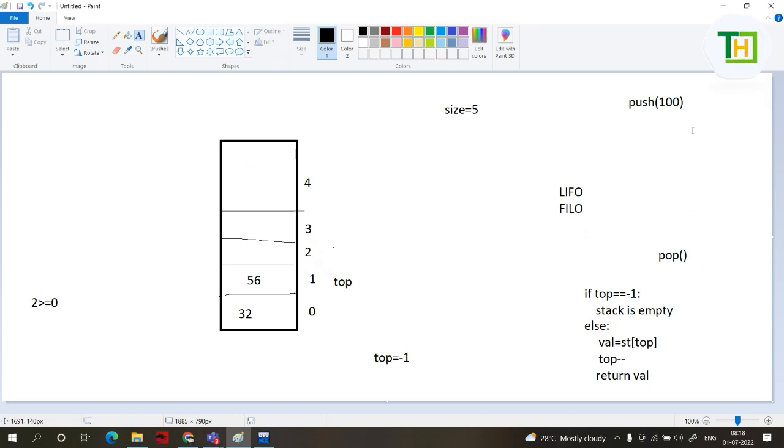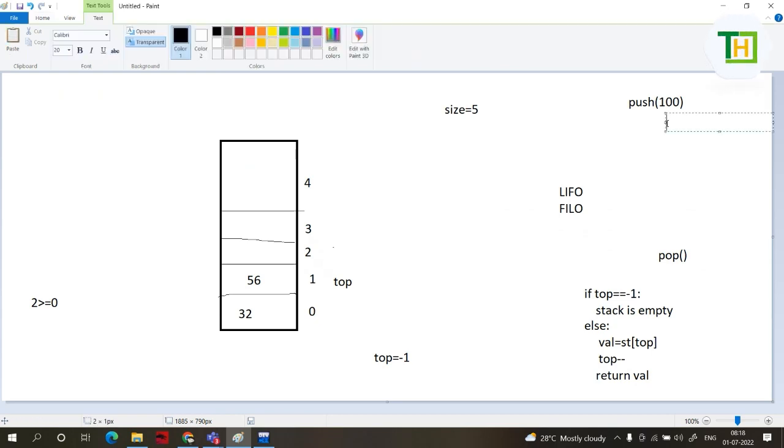Just a simple thing. What I'm going to write here: top plus plus, first of all. Then top is incremented, and then I'm going to write stack of top is equal to 100. That's it. Some value like that.